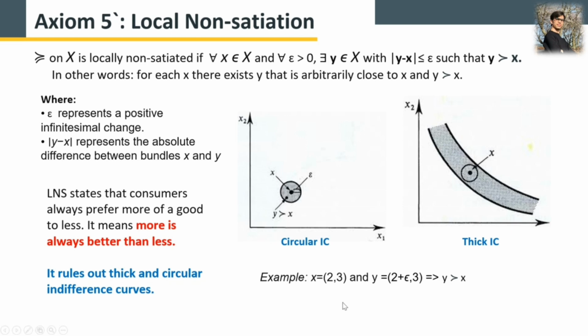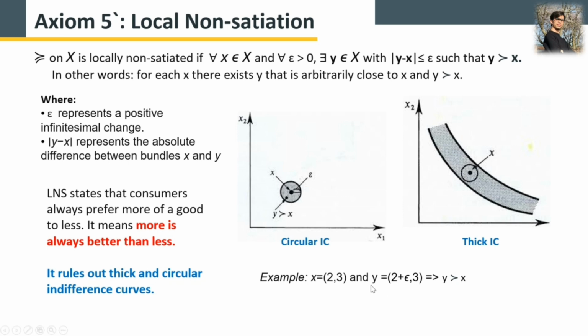So let's see this example. Bundle X has 2 apples and 3 oranges. And bundle Y has 2 plus epsilon apples and 3 oranges.